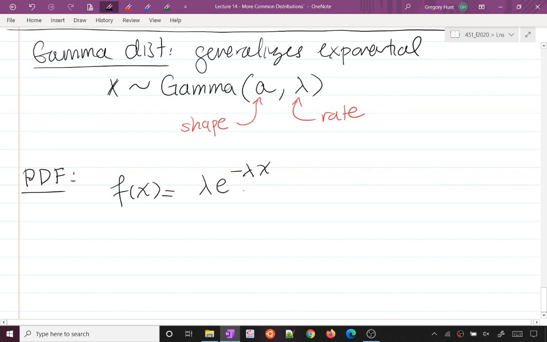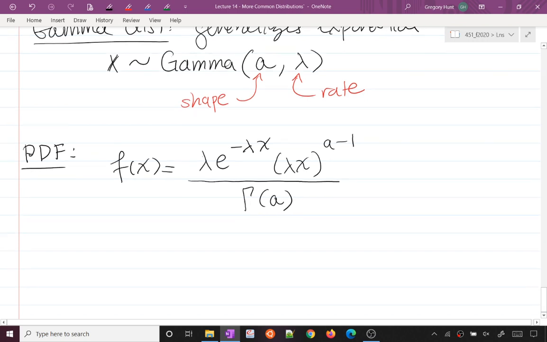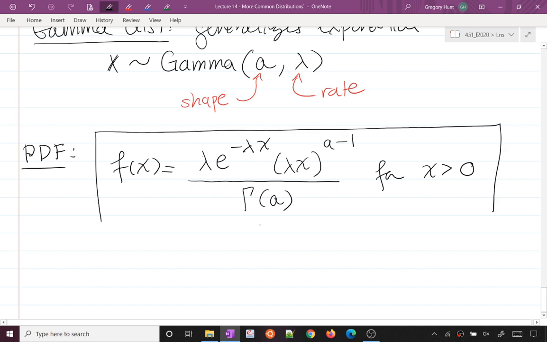But it's not quite that. We're going to add on a lambda x to the a minus 1, and then divide through by gamma of a. And this is the PDF. It has a support of positive numbers.